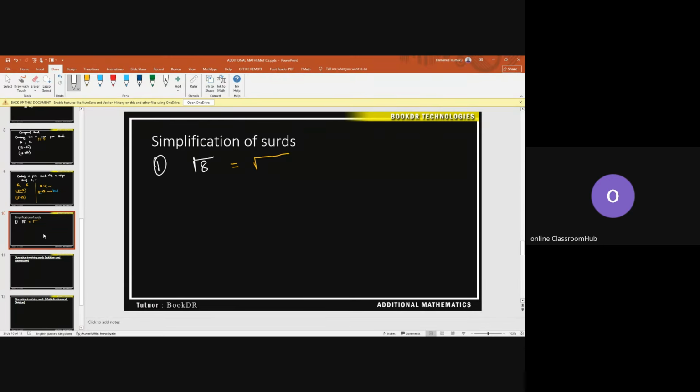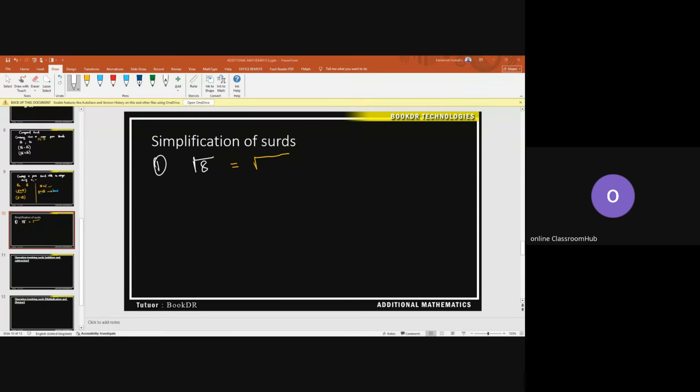So let's go back to our simplification. I ask you to tell me the two numbers that we can express 8 into, the product of two numbers such that one is a perfect square. So 8 can be written as what? Express 8 as 4 times 2.